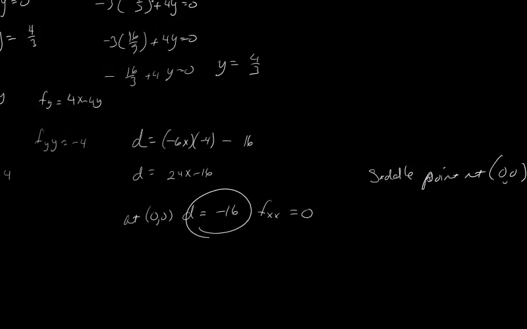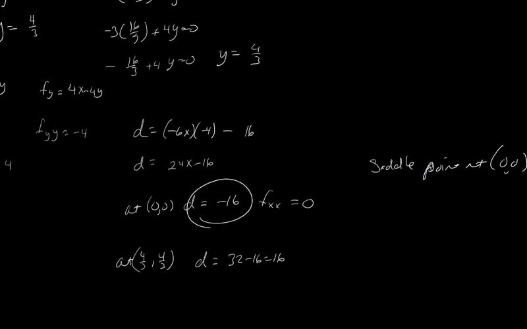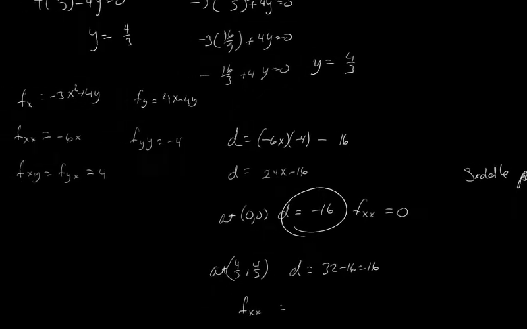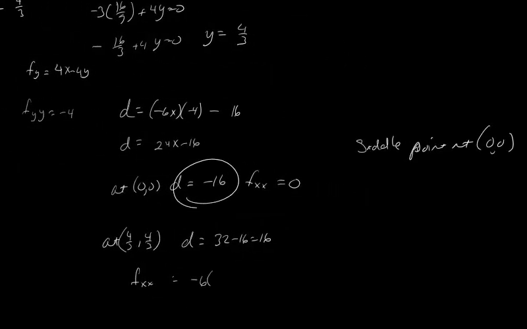Now at (4/3, 4/3), d is going to be equal to 24 times 4/3, which is 32, minus 16, which is 16. So that's positive. Now we need to know what f_xx is at (4/3, 4/3). That is negative 6 times x, so negative 6 times 4/3, which is negative 8. So we have positive 16 with a negative 8. That means we are going to have a relative max at the point (4/3, 4/3).